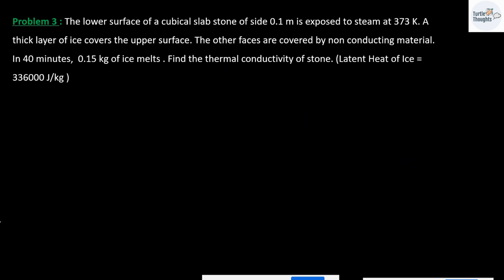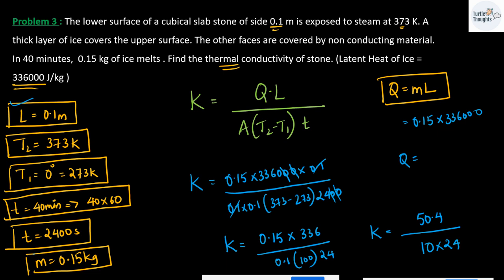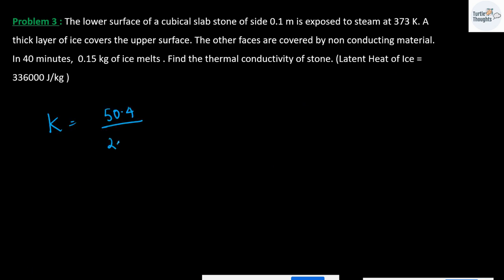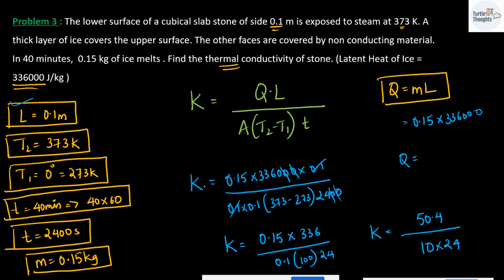Finally I will be getting the answer k, which is going to be 50.4 divided by 240. Anything else I have missed? K is 53.6 times 10 raised to the power 3. It is over.